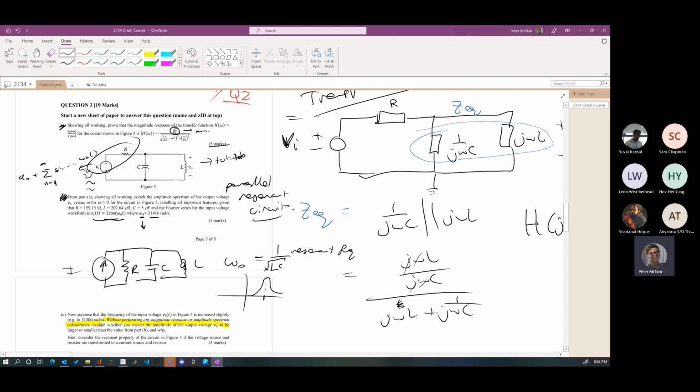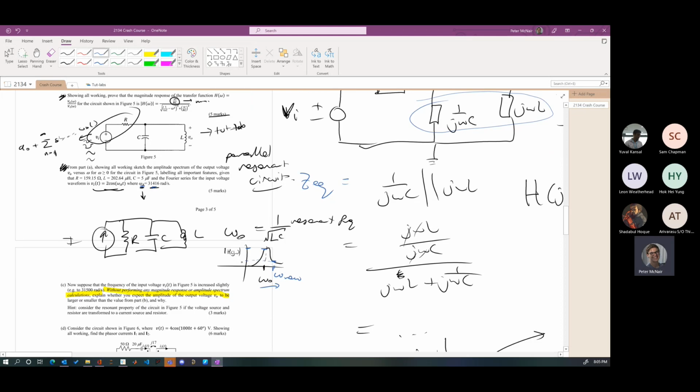So if we increase omega, so say this is omega naught, essentially what we're doing is we're moving this way. Does it make sense that this magnitude here is way lower? Because this one here is sitting right at the resonant peak, whereas this one's sitting way down low.